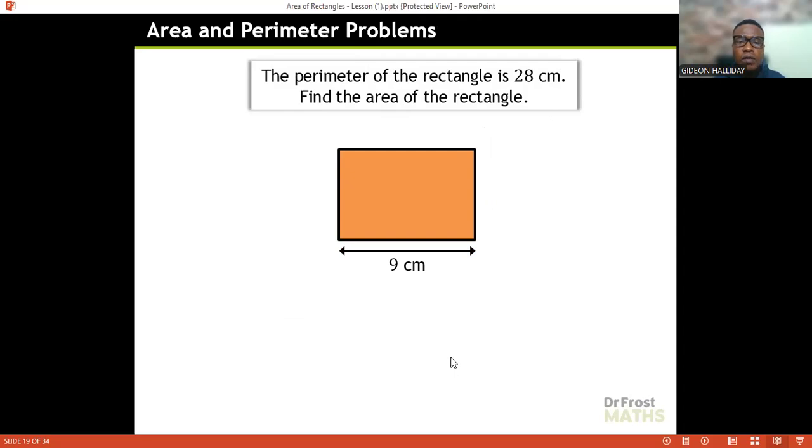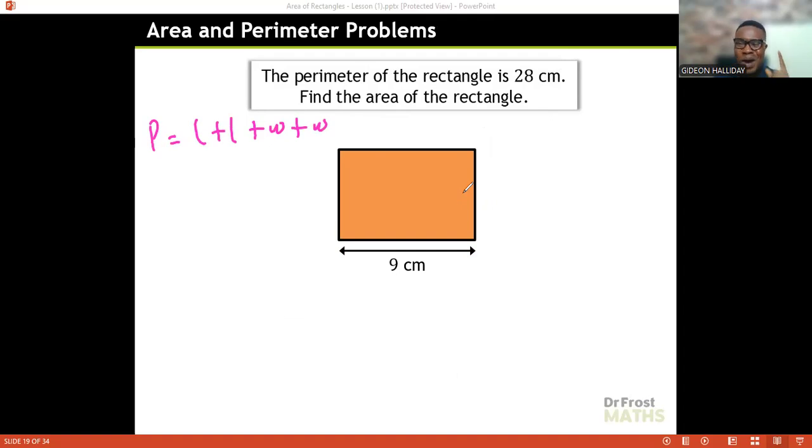The perimeter of this rectangle is 28 centimeters. So find the area. We know that to find the perimeter we need to do length plus width plus length plus width.